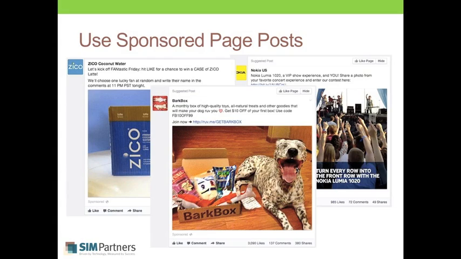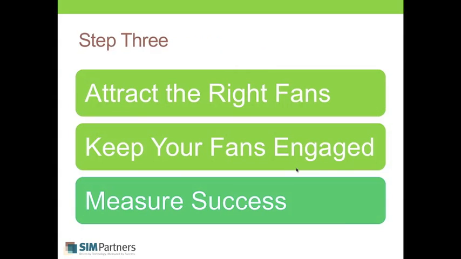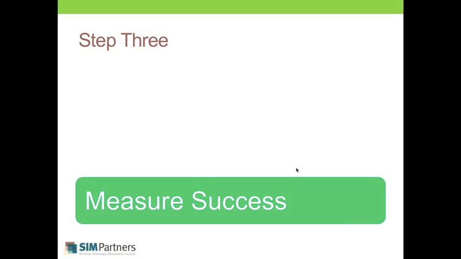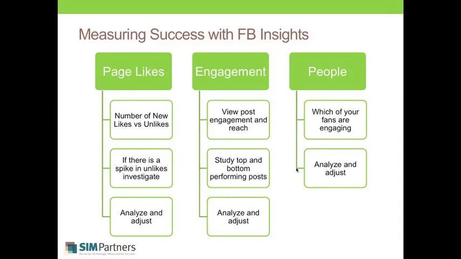So using sponsored page posts is a great way to get exposure for that content, especially if it's great content. So now that you've done that, you want to measure, you want to be able to go back in. How are you doing?